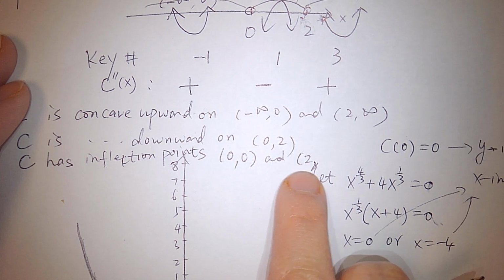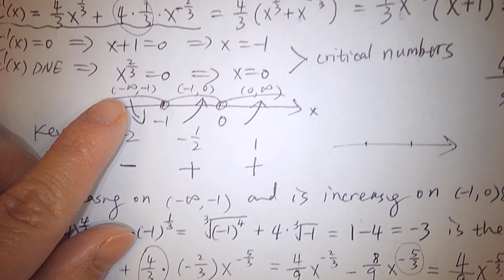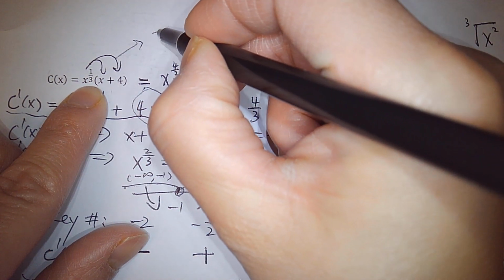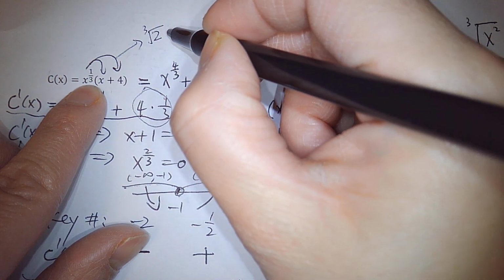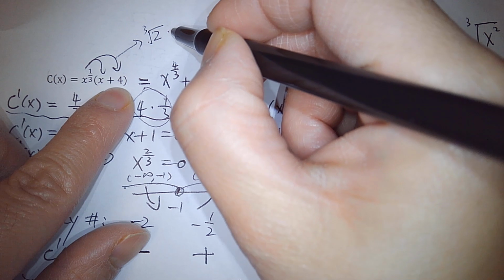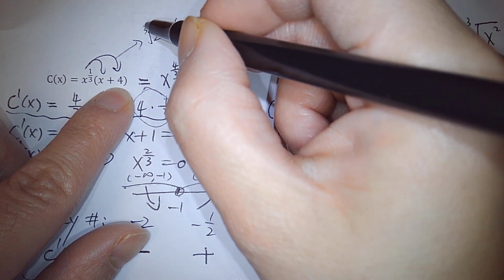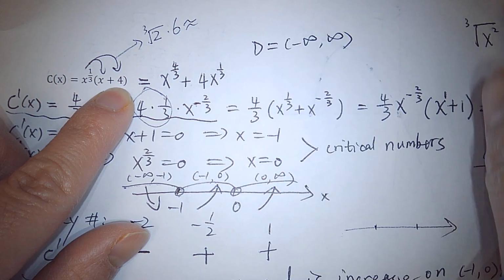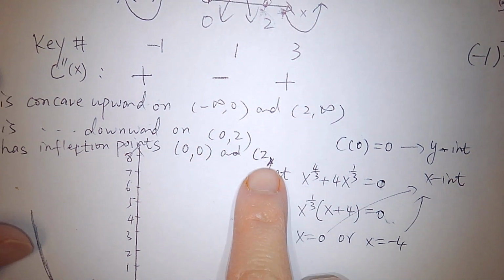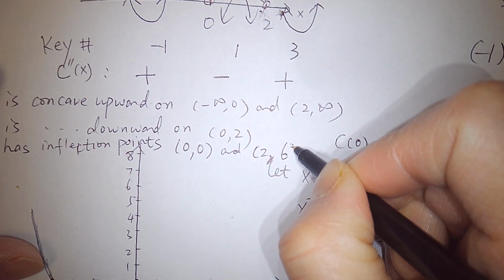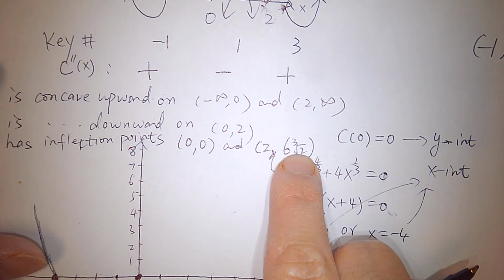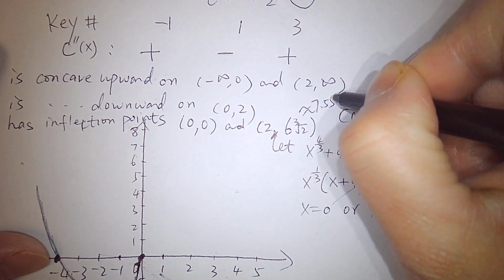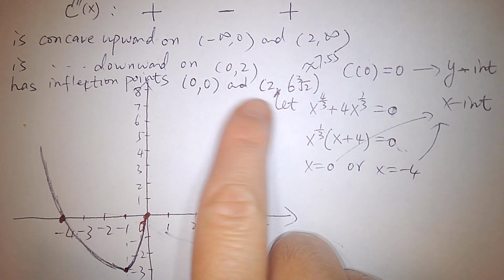Can you compute it? In the original function, we have 2 to the cube root, times 2 plus 4, which gives us 6, right? So 6 times the cube root of 2. You may also use a calculator and get a decimal number if you want. So this point (2, 6 times the cube root of 2) is about 7.55. So these are the two inflection points.